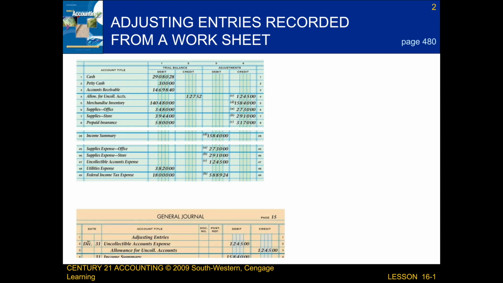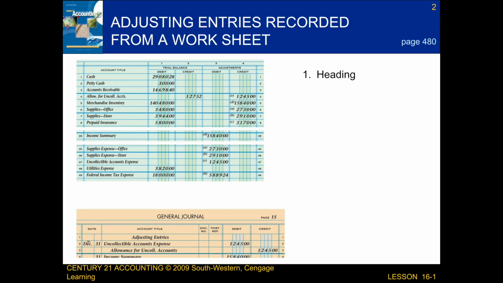Okay, so to start, we're going to be talking about transferring adjusting entry information from a worksheet to a general journal. So when we transfer adjusting entry information from a worksheet to a general journal, there are multiple steps that we have to follow in order to complete this process.